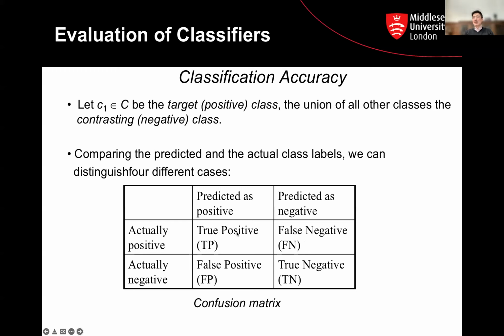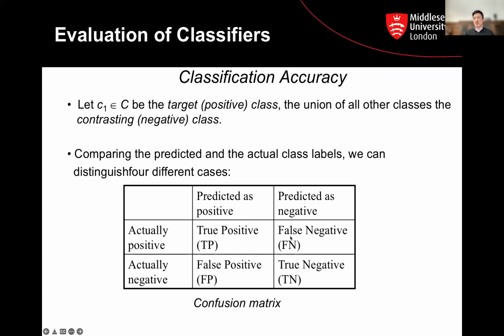In the first case, it's called true positive, because it's predicted as positive and it's true. In the other case, it's called false negative, because it's predicted as negative and that's wrong.